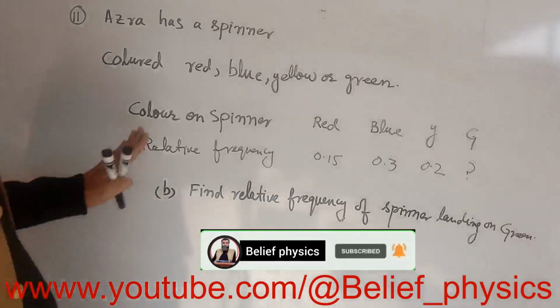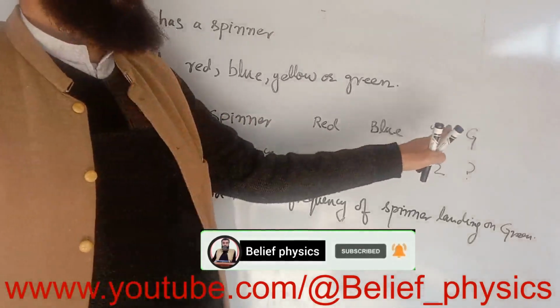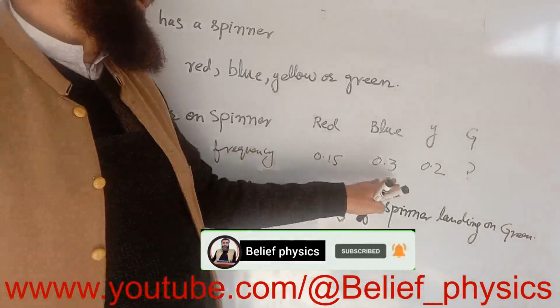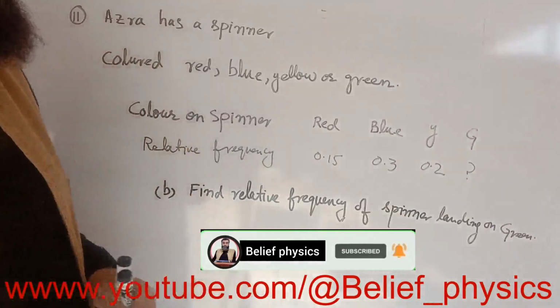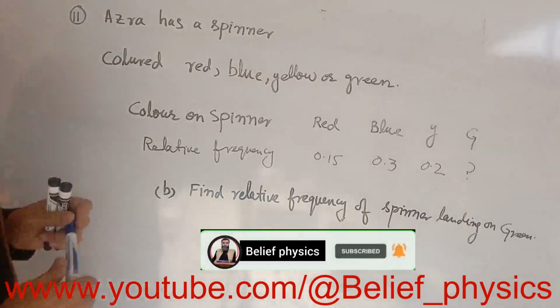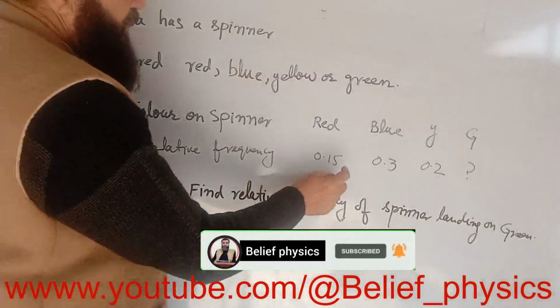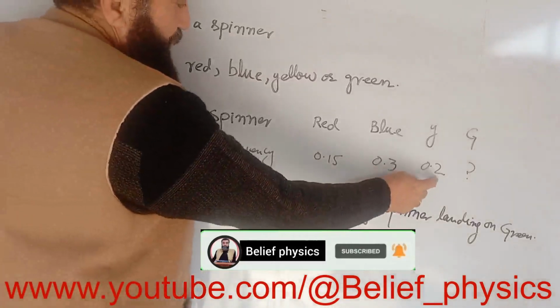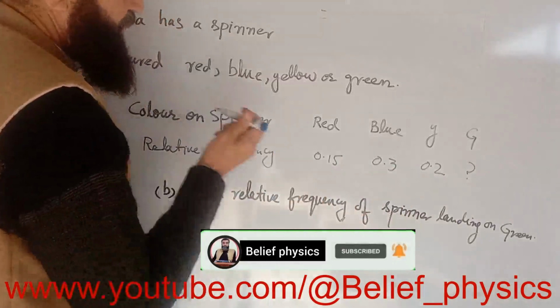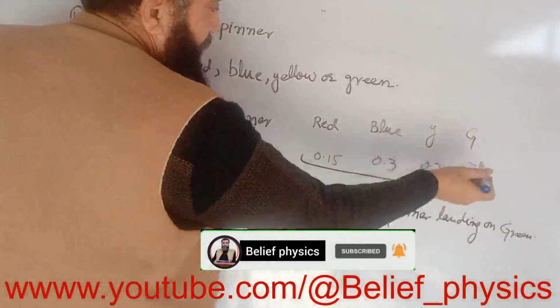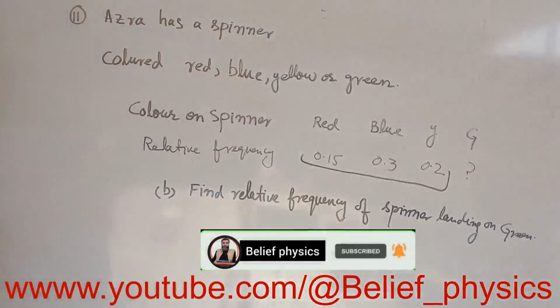Because there are only these 4 events, the sum of the probabilities of all these events should be equal to 1. So in order to find it, we will have to subtract the sum of these frequencies from 1, which will give you the probability of green.